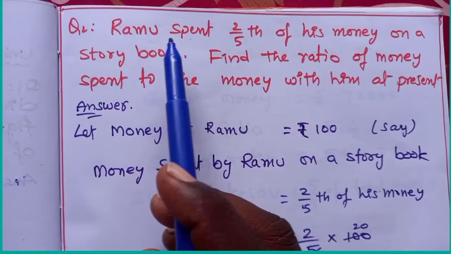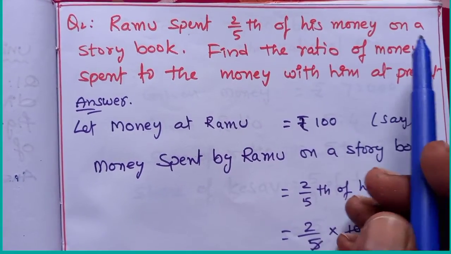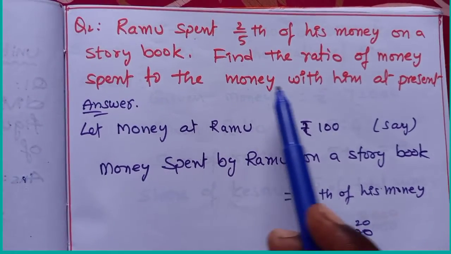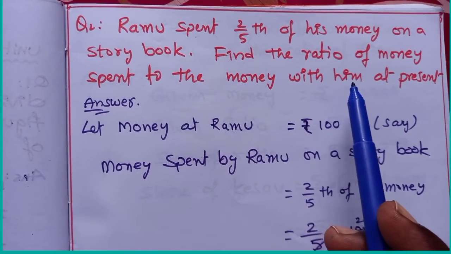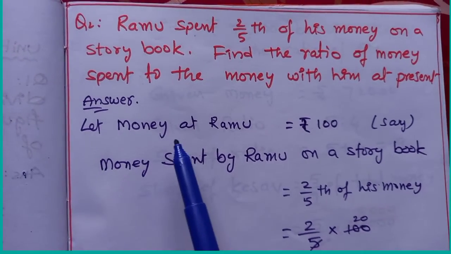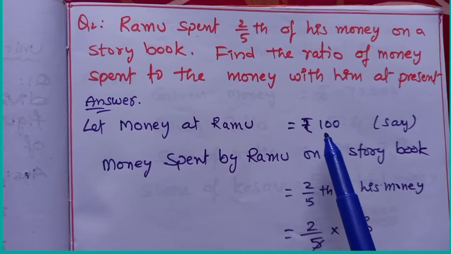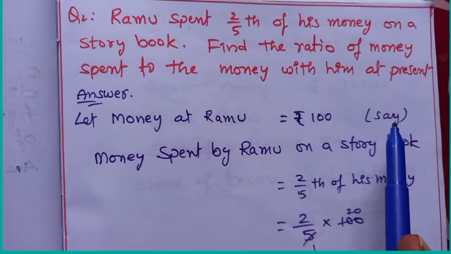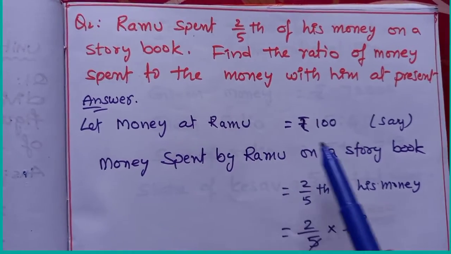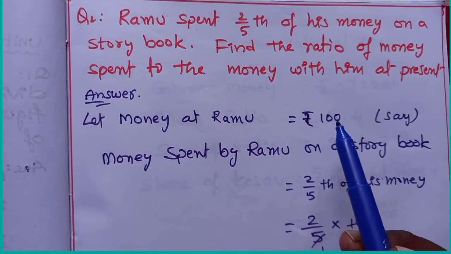Question number 2. Ramu spent 2/5 of his money on a storybook. Find the ratio of money spent to the money with him at present. Answer. Let the money with Ramu equal 100. That means we don't know how much money he had, but we are taking that as 100 rupees.